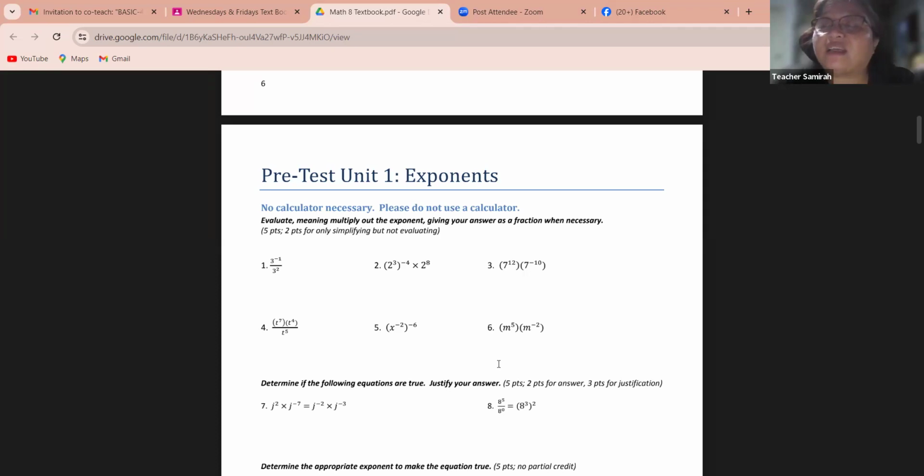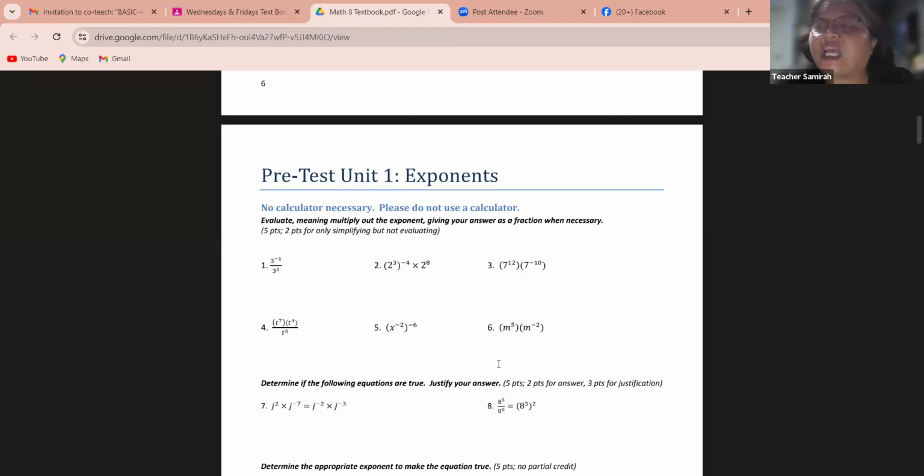Why does it become 8? Because we added the two exponents, 2 plus 6, it becomes 8. So what happened with the base? We will simply leave the base as it is. So A with the exponent of 8.